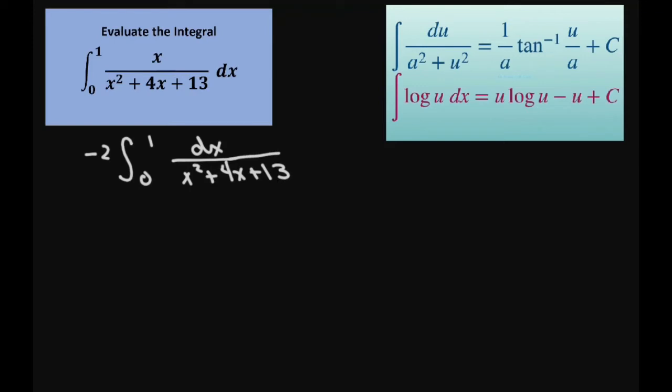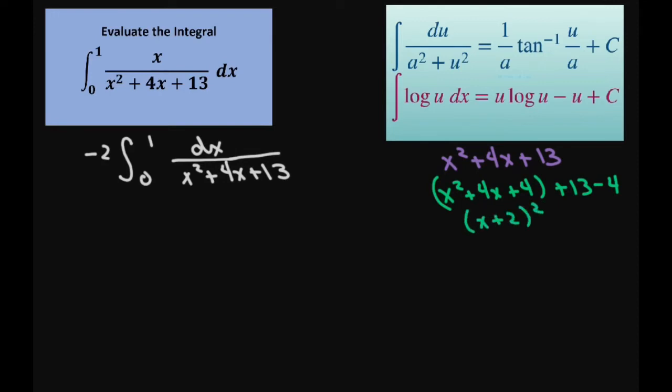Since I can't factor this, what I'm going to do is rewrite x squared plus 4x plus 13 by completing the square. So I'm going to do x squared plus 4x, and I'm going to add 4. So with this 13, I'm going to have to subtract 4. And this condenses to x plus 2 squared, plus 9.